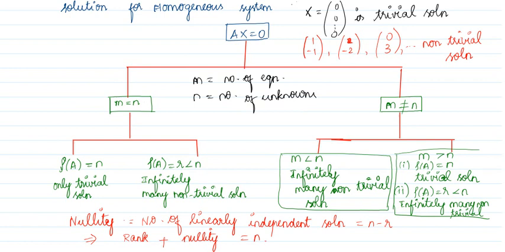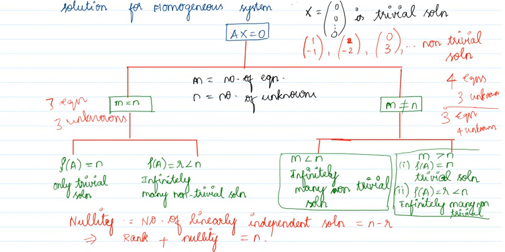And then if m is not equal to n, that is if you have more equations, 4 equations and 3 unknowns, or 3 equations and 4 unknowns. In both these cases m is not equal to n. Here, 3 equations and 3 unknowns is an example for m equal to n.